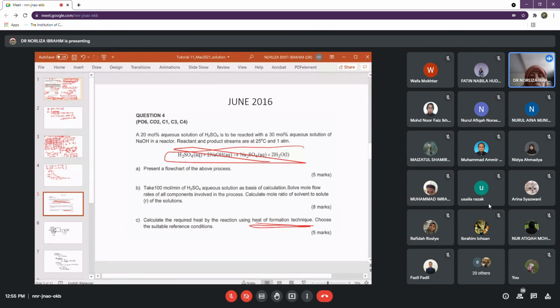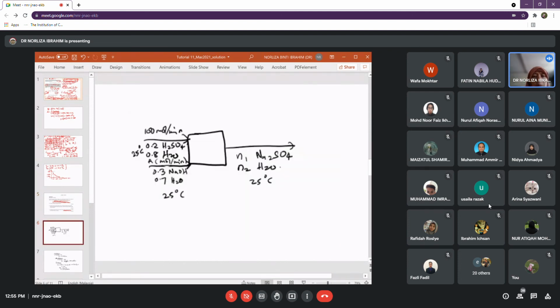Alright, so now part A is to present the flow chart of the above process, and then you are required to solve the mole balance, calculate the R, and then solve using heat of formation. So I guess the flowchart is simple as this. You put the temperature, you put the ni, I want to change it to C, otherwise it will be confused with the AB at the back.